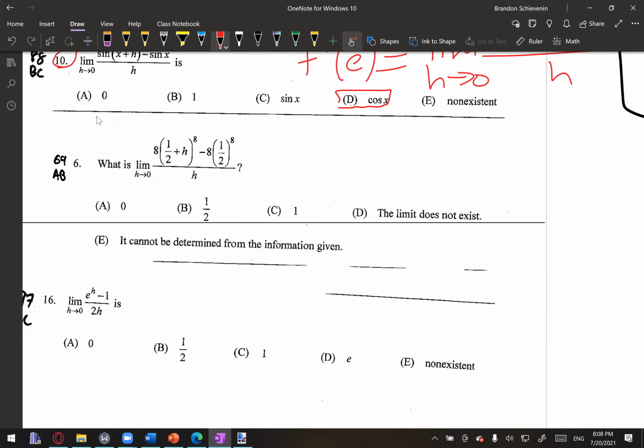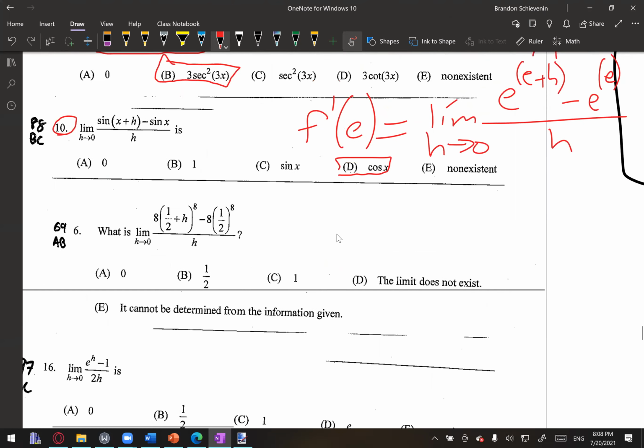There's no... It'll be 0. No, it'll be D. Wait, D. So our original function is 8 times x to the 8th power, right? If I derive that, what's going to happen?